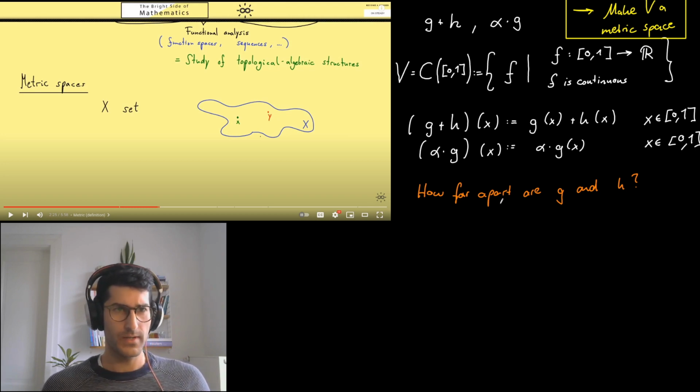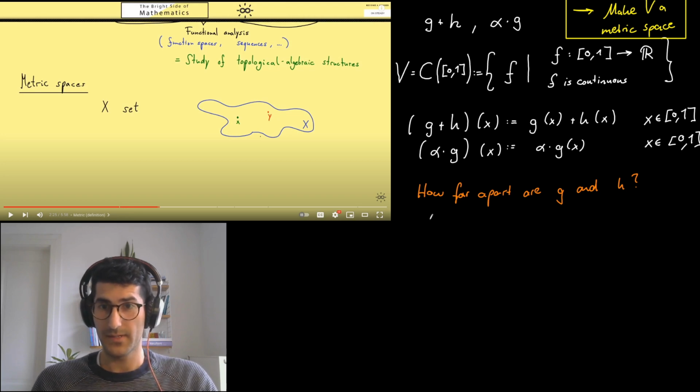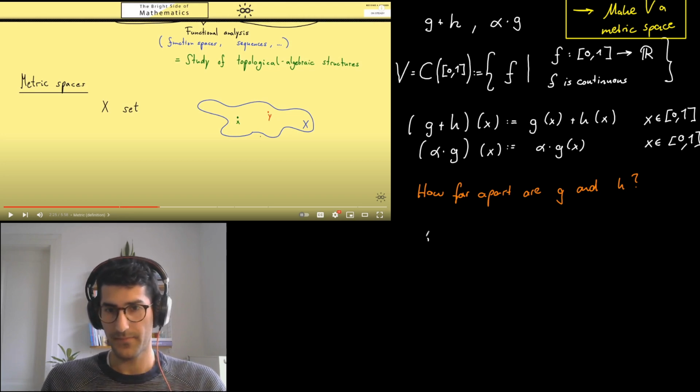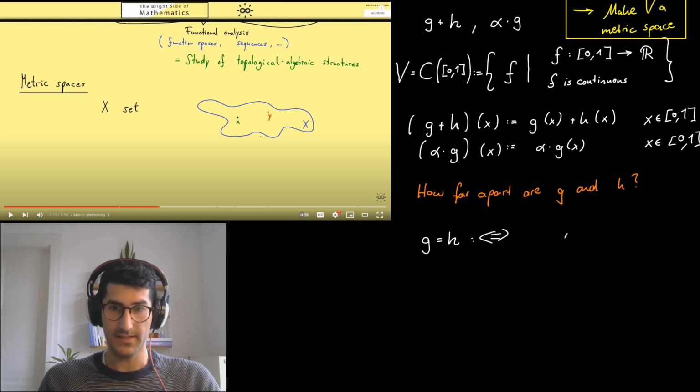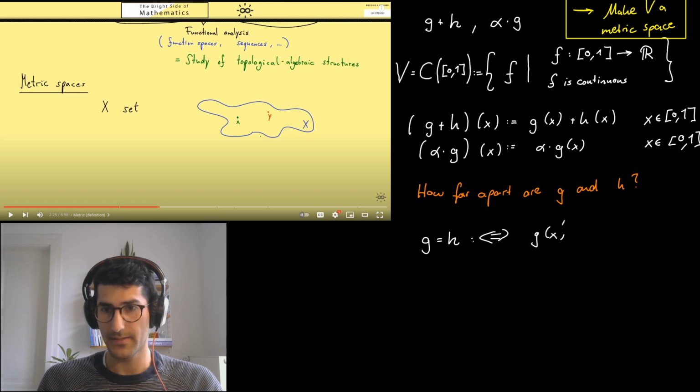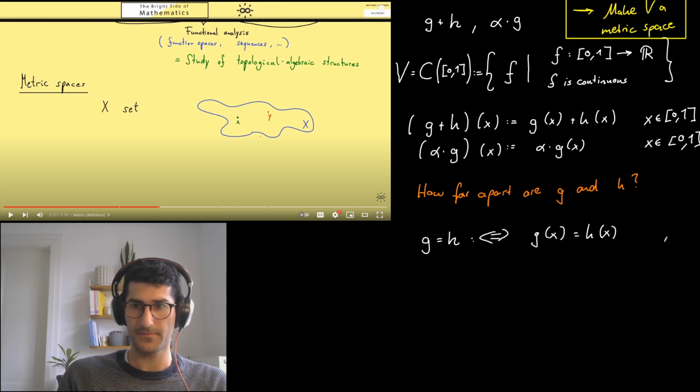So how do we check whether 2 functions are equal? Just with the definitions here, we say two functions are equal, so g equals h in this vector space, if and only if g of x equals h of x for all x in our unit interval.